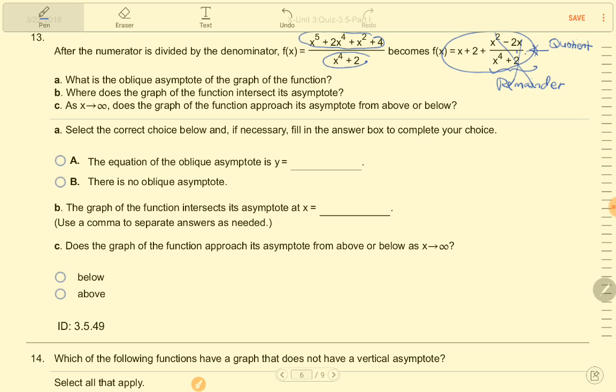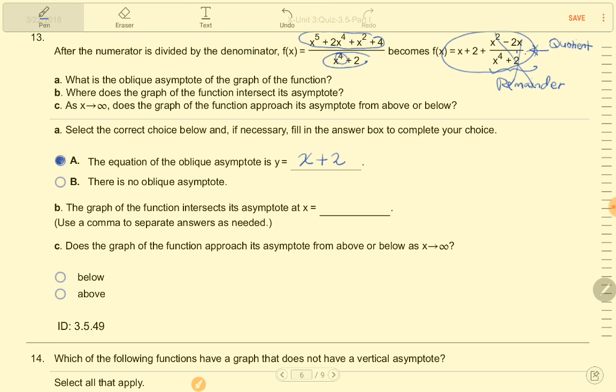So we know that the oblique asymptote is y equals x plus 2. There was a choice to say there is no oblique asymptote, so it's possible it could have been not an oblique, but it turned out to be so. And again, that's because 5 and 4 differ by 1, where the top is higher.